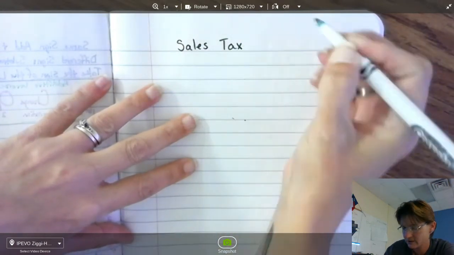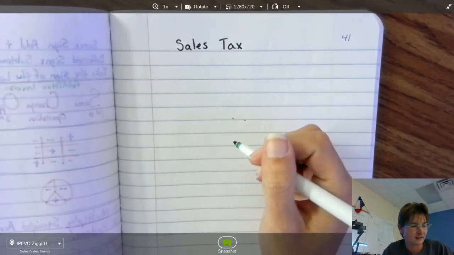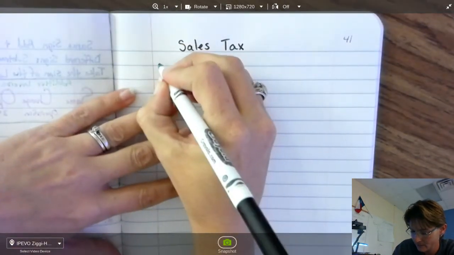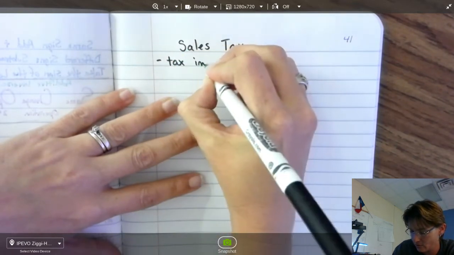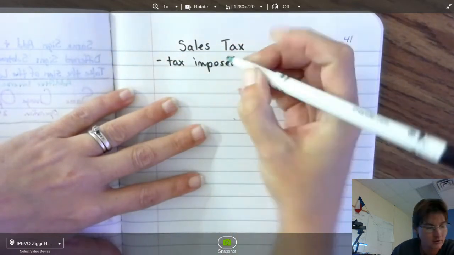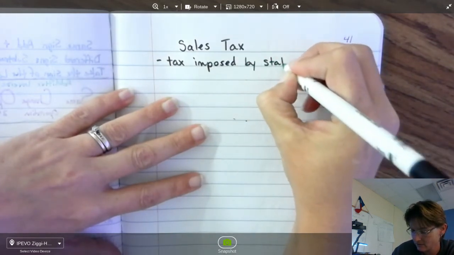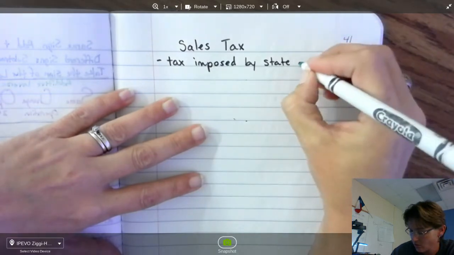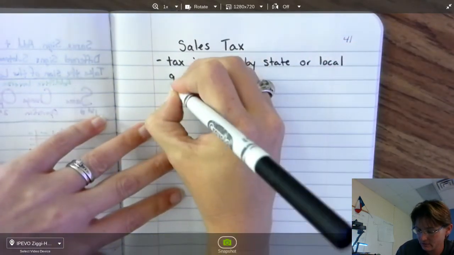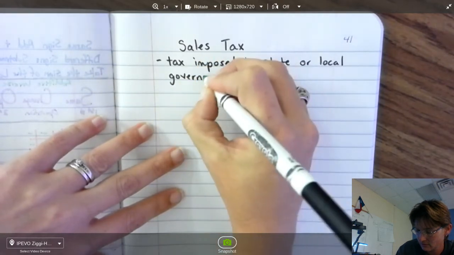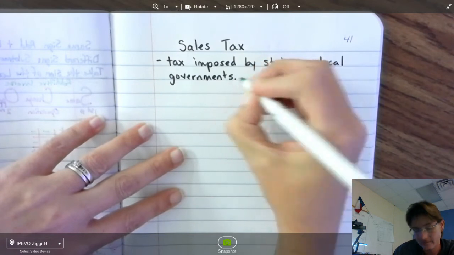Sales tax. And let's go ahead and define what sales tax is. Sales tax is the tax imposed by the state or local government or governments.